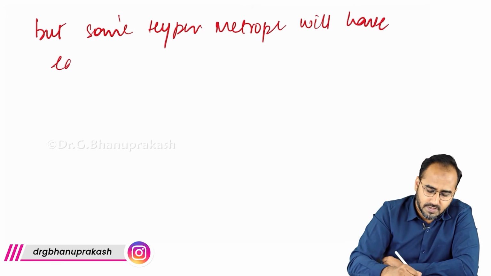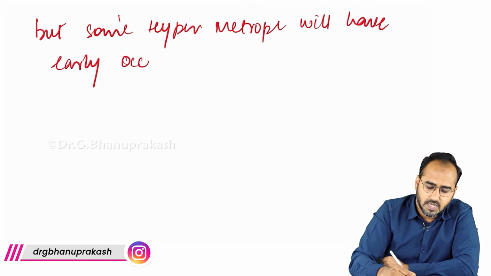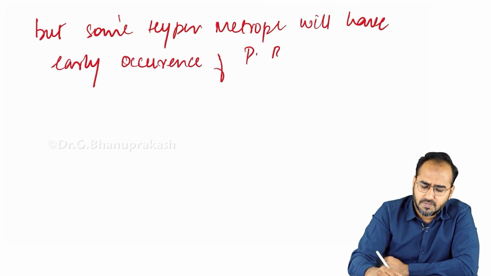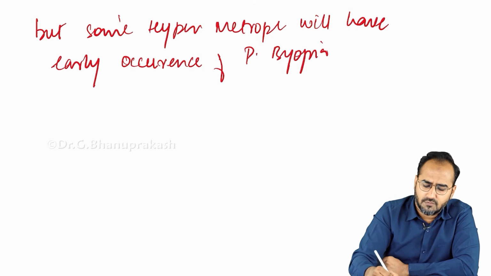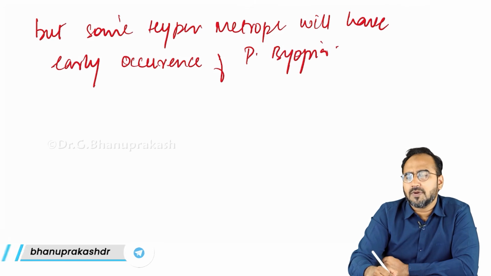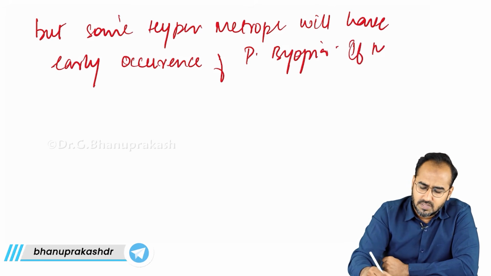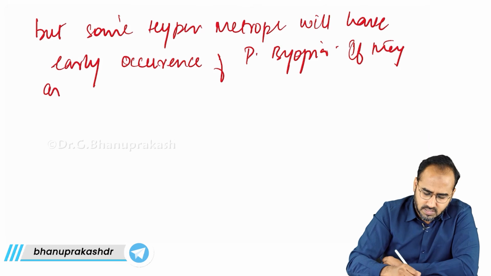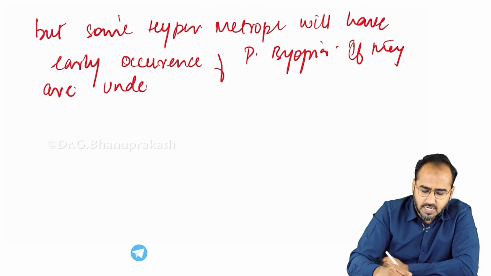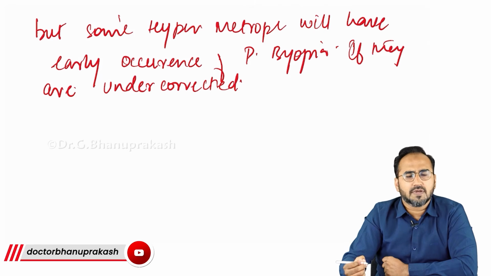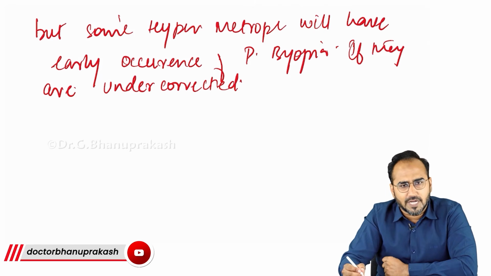Why? If they are undercorrected, they will have an early occurrence of presbyopia.